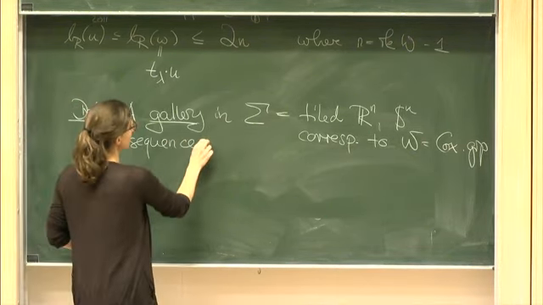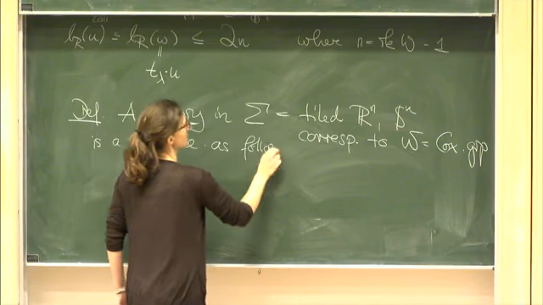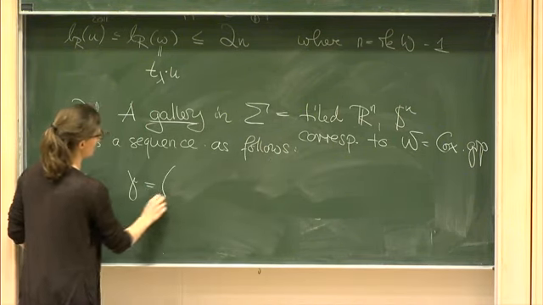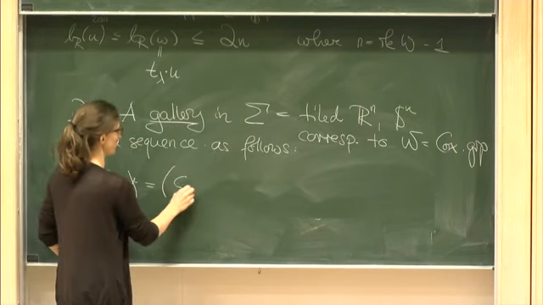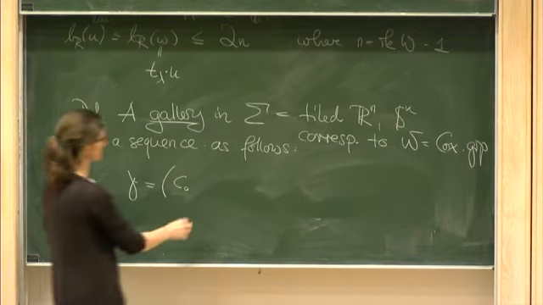it's a sequence of maximal simplices as follows. So of course we start somewhere in some simplex. So I don't know, let's put C_0, this white fundamental simplex over here.